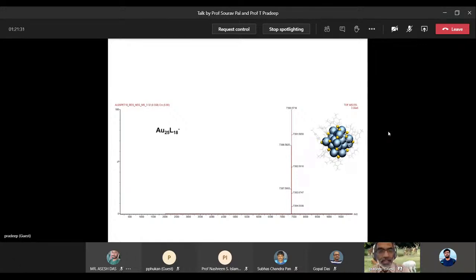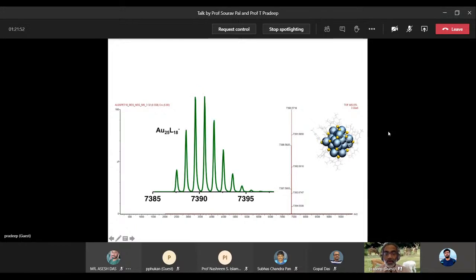This entity is SHCH2CH2C6H5. There are 18 of these protecting this entity, the H is gone when you make this particular cluster. And it has a charge of 1 minus. And this is soluble in an organic medium.